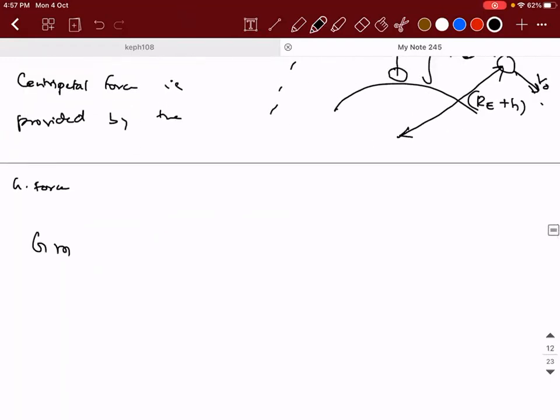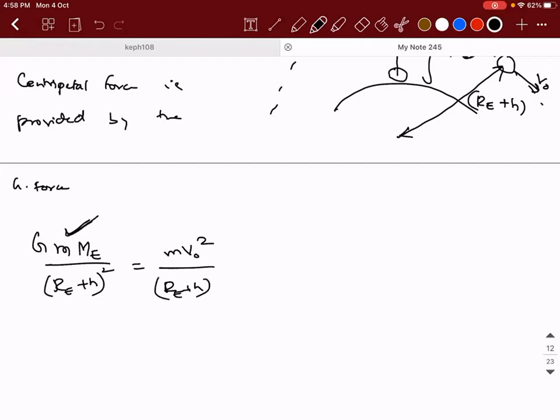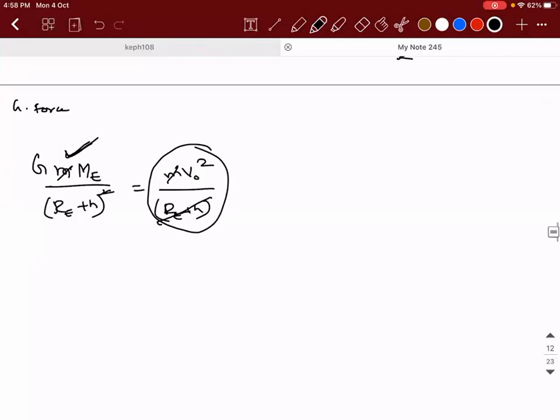So G small m into capital M_E divided by (R_E plus h) the whole square is equal to m v naught square divided by (R_E plus h). So this is the gravitational force and this is the centripetal force. So R_E plus h will get cancelled, m and m will get cancelled. So v naught square is equal to G times M_E divided by (R_E plus h). Correct?